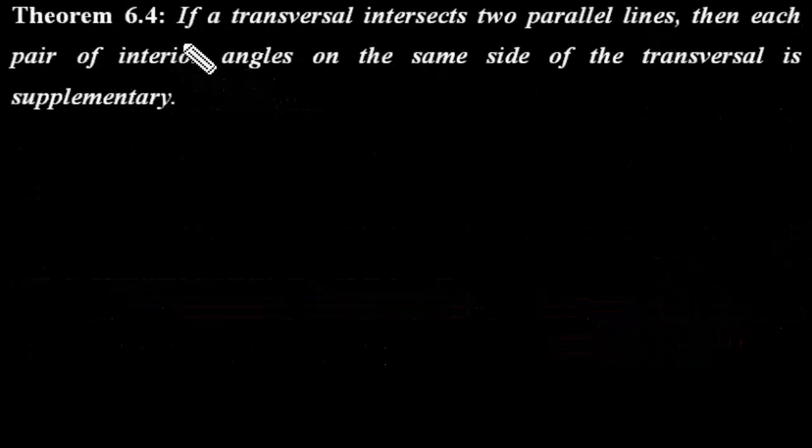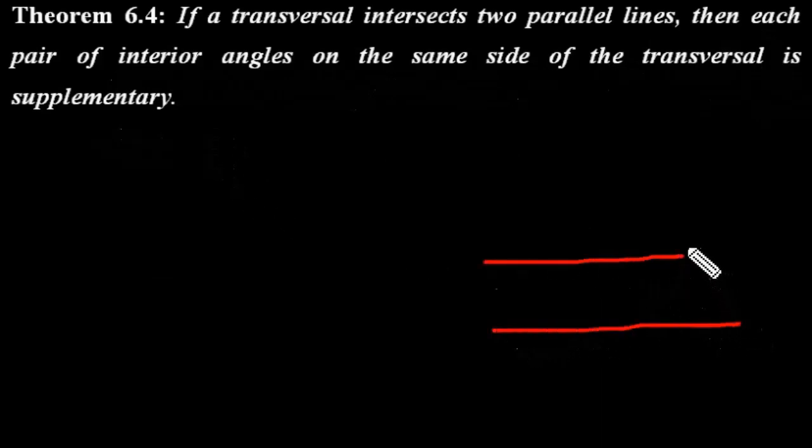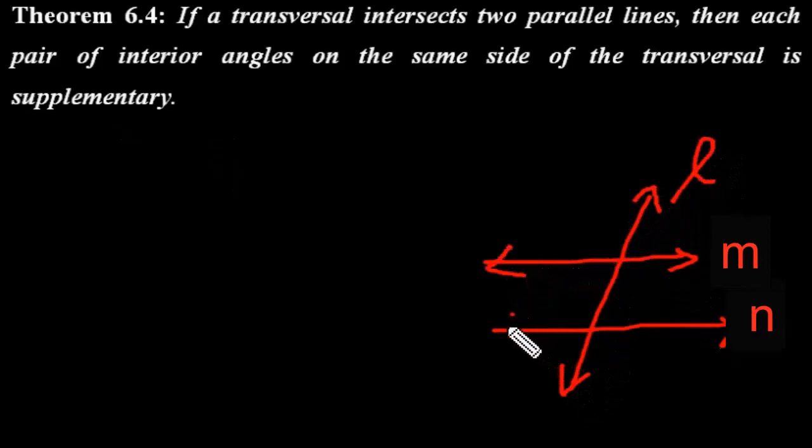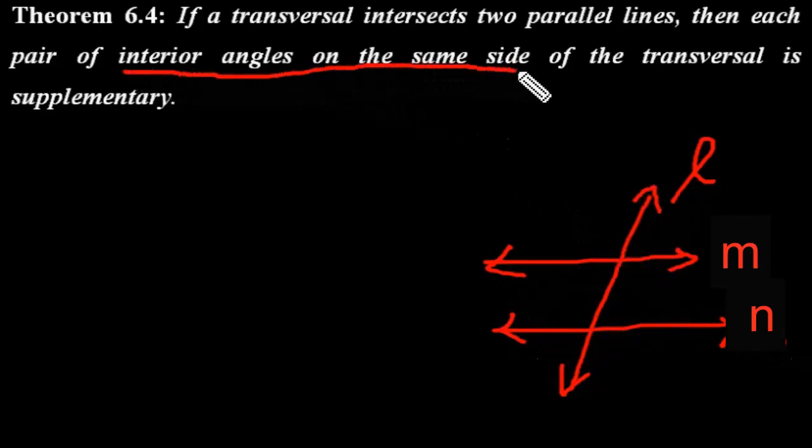Theorem 6.4. If a transversal intersects two parallel lines, then each pair of interior angles on the same side of the transversal is supplementary. That is, we have the parallel lines, and this is the line L, which is called the transversal to M and N. Now, the interior angles on the same side of the transversal, that is co-interior angles.